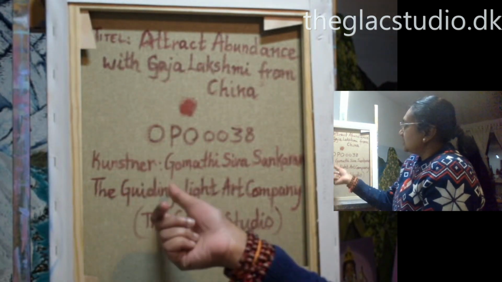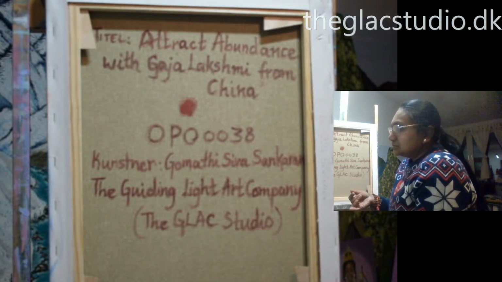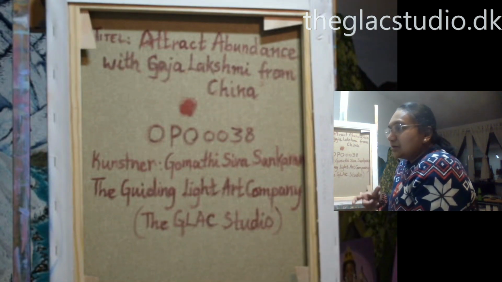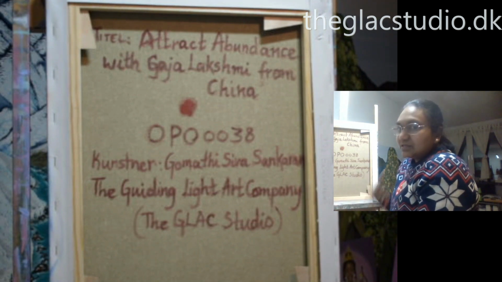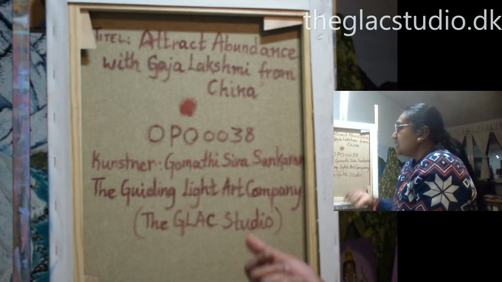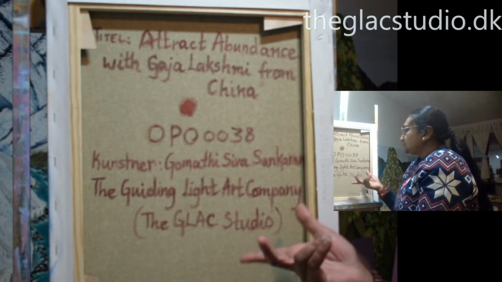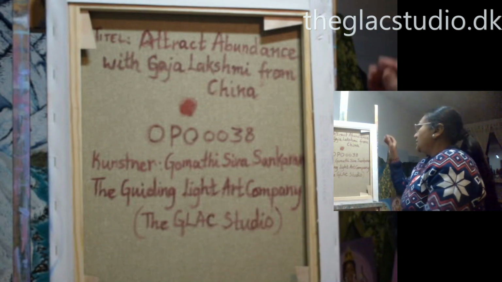And the artist name I have written in the English language, so artist name, or if you have a company registered. In my case, I have registered this as a startup here in this country, Denmark, so I have mentioned that, and then I also mentioned the city and the country.